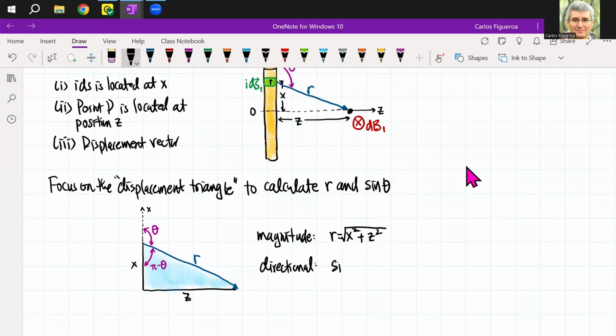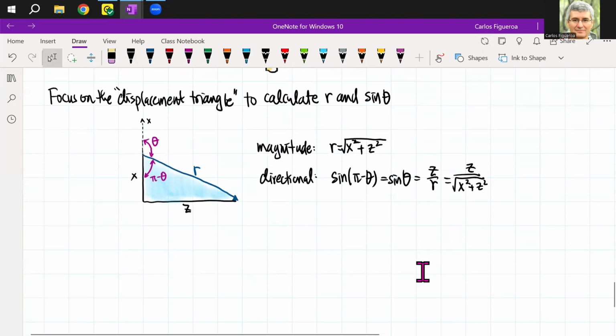However, sine of pi minus theta is the same as sine of theta. So that is sine of theta. The sine is the opposite side over the hypotenuse, so sine theta is z over r, which is the same as z over the square root of x squared plus z squared.